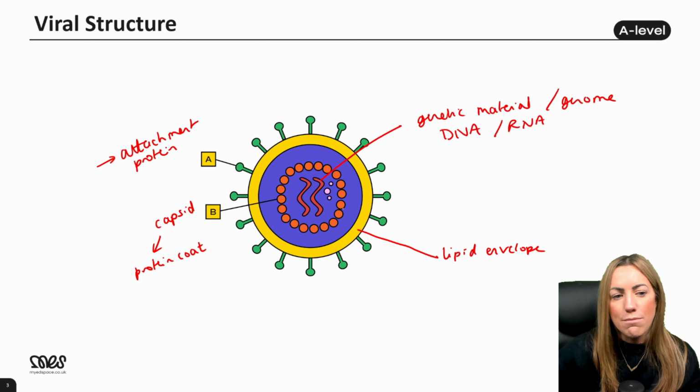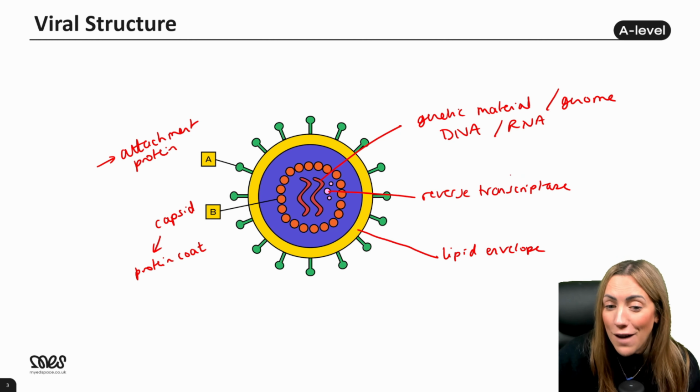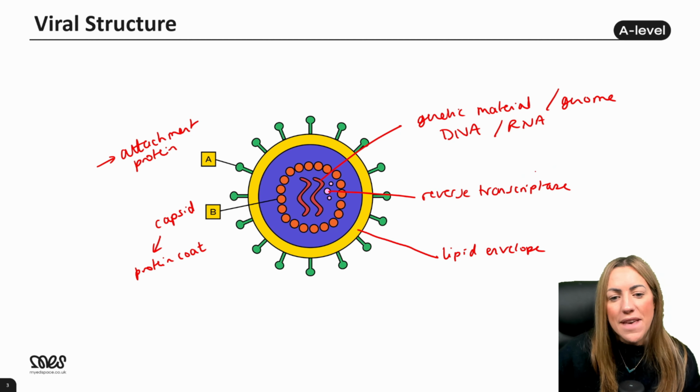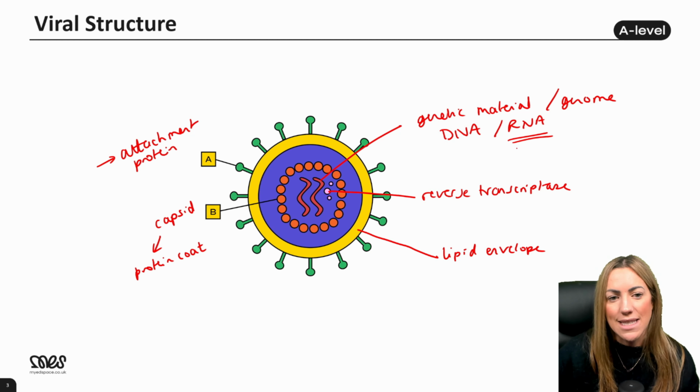The pink dots, you might be wondering what they are. Well, this is actually reverse transcriptase. Again, not all viruses have this, okay? But this virus in particular is HIV. And HIV has RNA as its genetic material.